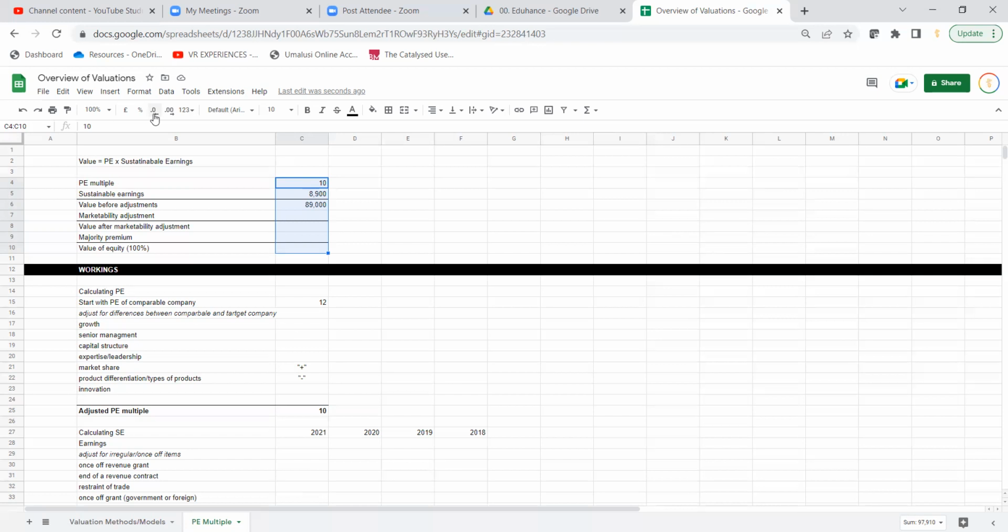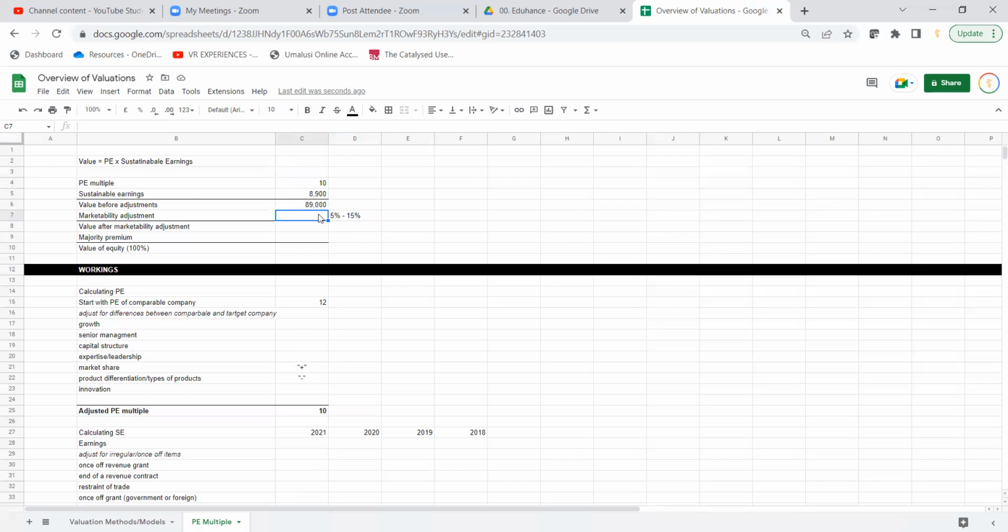Whereas a private company is not listed, so you can't easily buy and sell the shares. So that is why we have a marketability adjustment or marketability discount. They will tell you what the discount is. If they don't tell you, use anything between 5 to 15%. Typically you just use 5%. So let's just say we're going to use 5%.